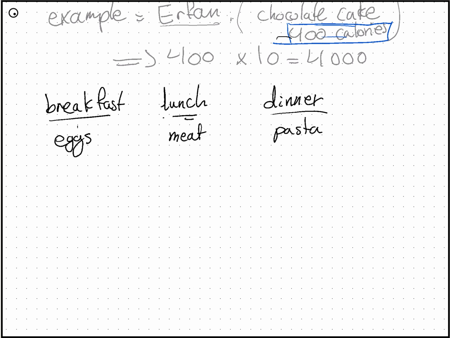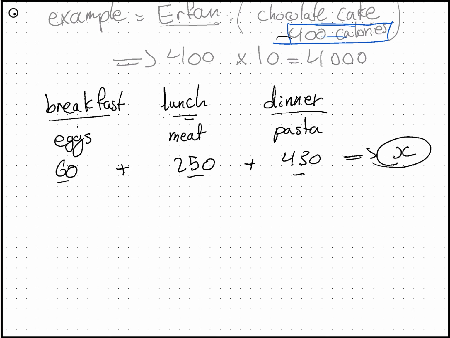What she cares about is if the main item was eggs and it was 60 calories, and meat was 250 calories, and pasta was 430 calories. She cares about when all of these were added together, what was your calorie intake? That's what she cares about. Does that make sense? Okay, makes sense.